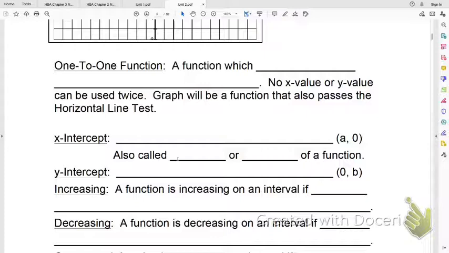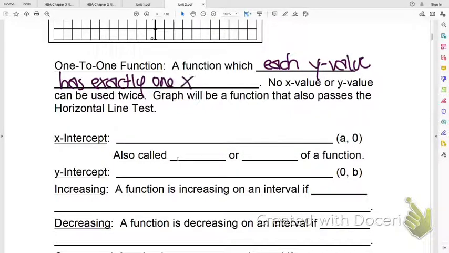A one-to-one function is a function in which each y value has exactly one x value. So no x value or y value can be used twice. Because it is already defined as a function, it means that it has already passed the vertical line test. It can't be one-to-one if it's not a function already.